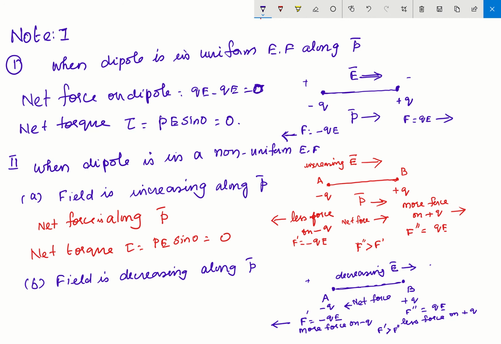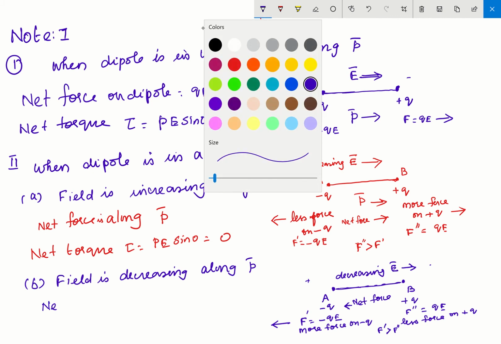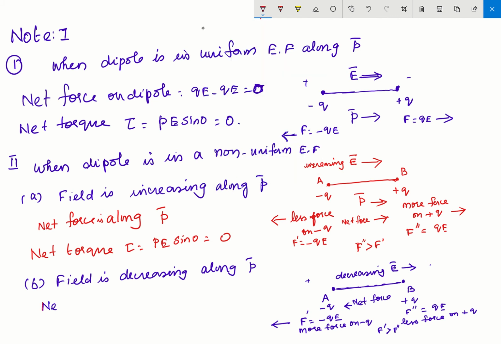Therefore, you can write here, net force on dipole is opposite to P. Fine.